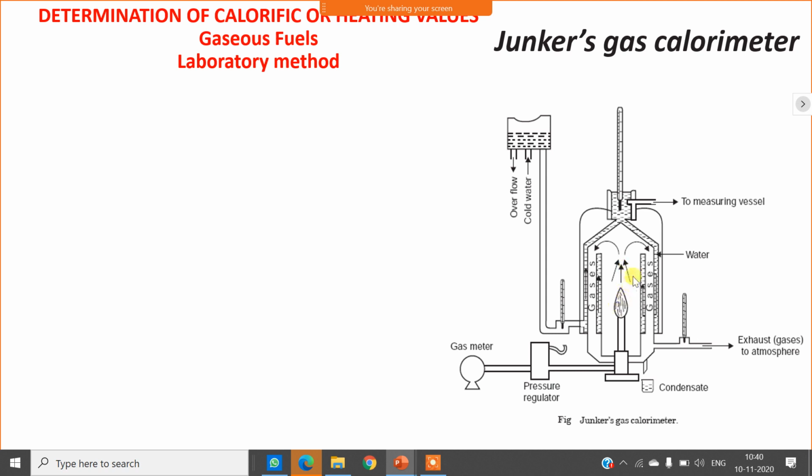Heat lost by the combustible gas is equal to volume of gas multiplied by its calorific value, and the heat absorbed by the water is equal to mass of water, specific heat of water, and change in temperature.